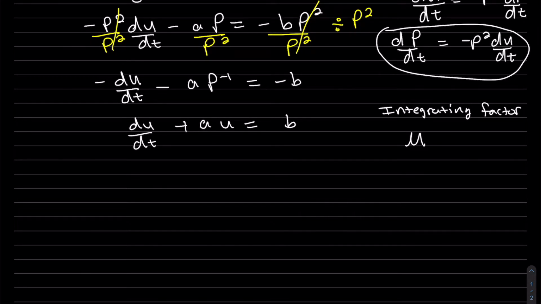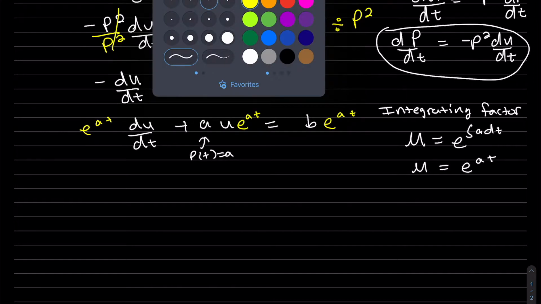So that is mu. Looks like it's a. Sorry, it's not a. My p of t is a. So it is e to the integral of a dt, which is e^(at). I love that. So multiply through by our e^(at), by our integrating factor.